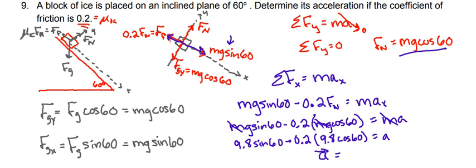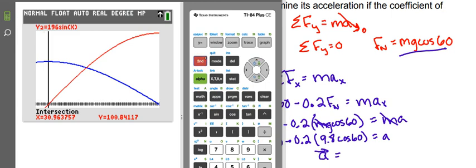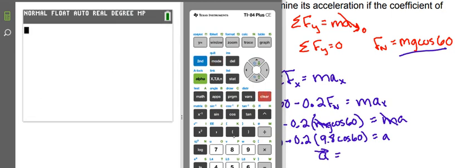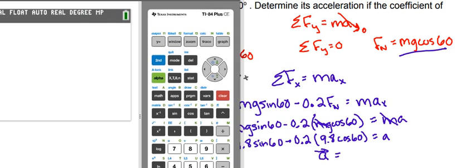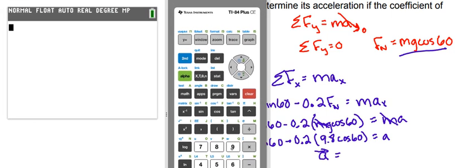So the acceleration of the block down the hill is 9.8 sine of 60 minus 0.2 times 9.8 cosine of 60.